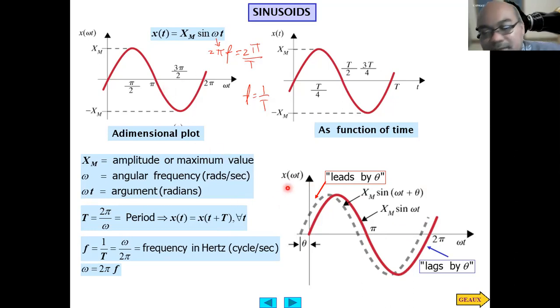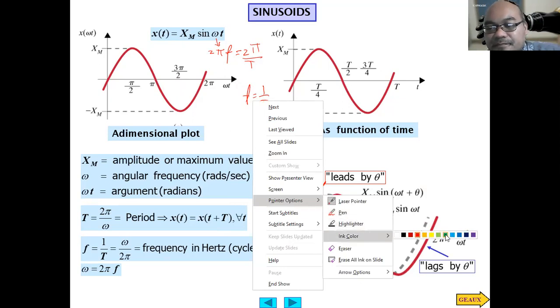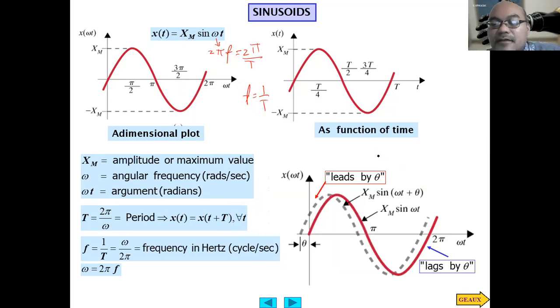Yeah, so let's try to draw here, for example, when we have another wave that is lagging the red wave by theta. So here we also have theta, like this.